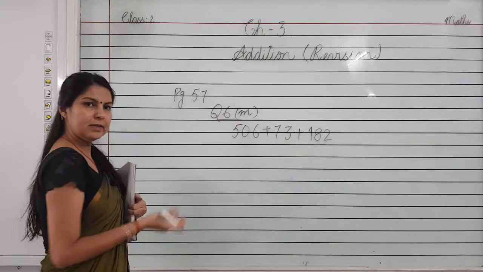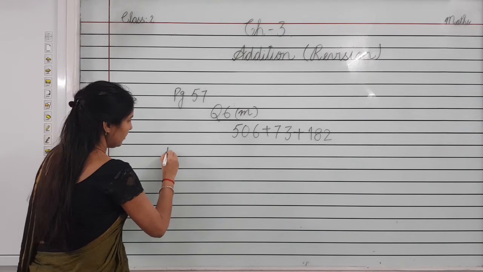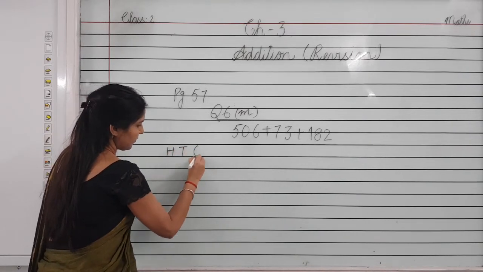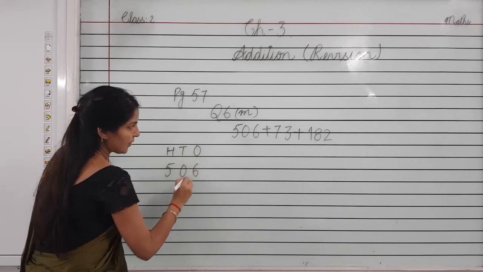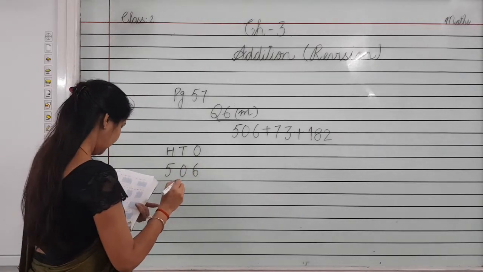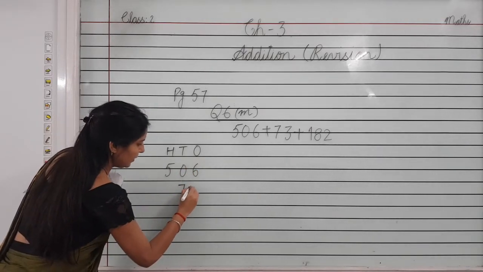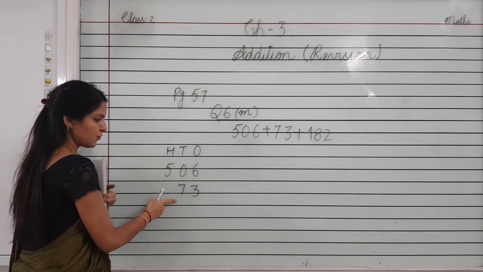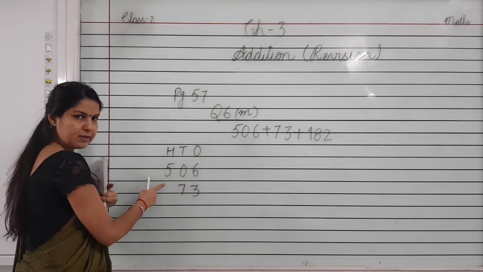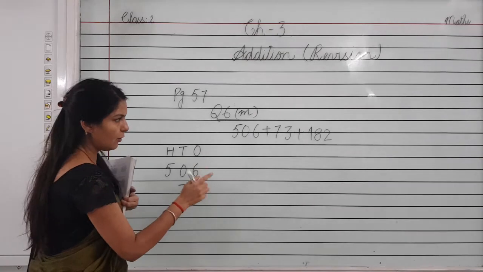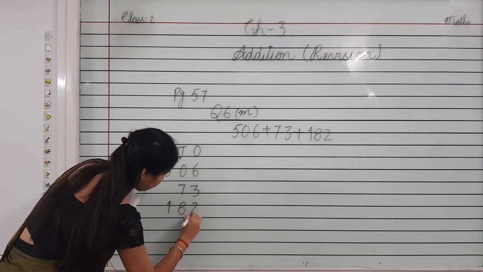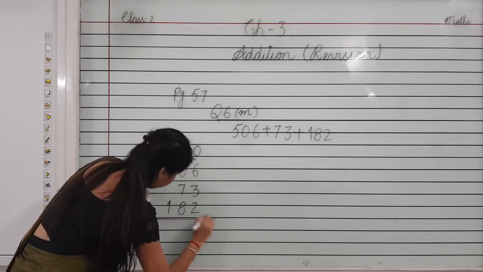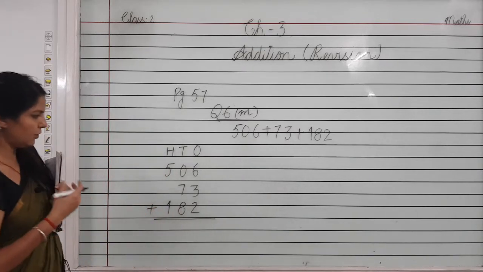Now we will arrange these numbers again in columns. 506, 73. In 73 here is only two digits, so we will leave hundreds place blank. Okay. Now 182. Sign of addition in front of them.